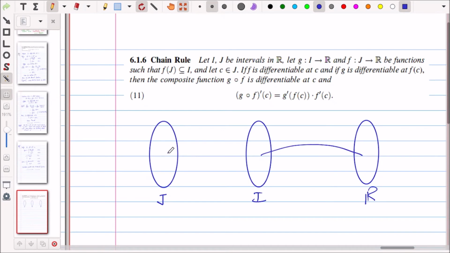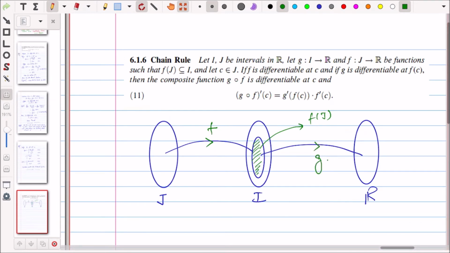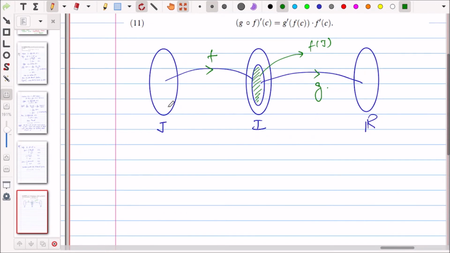You are given that g of I is contained in J. This is the function f, this is the function g. What will be this function?